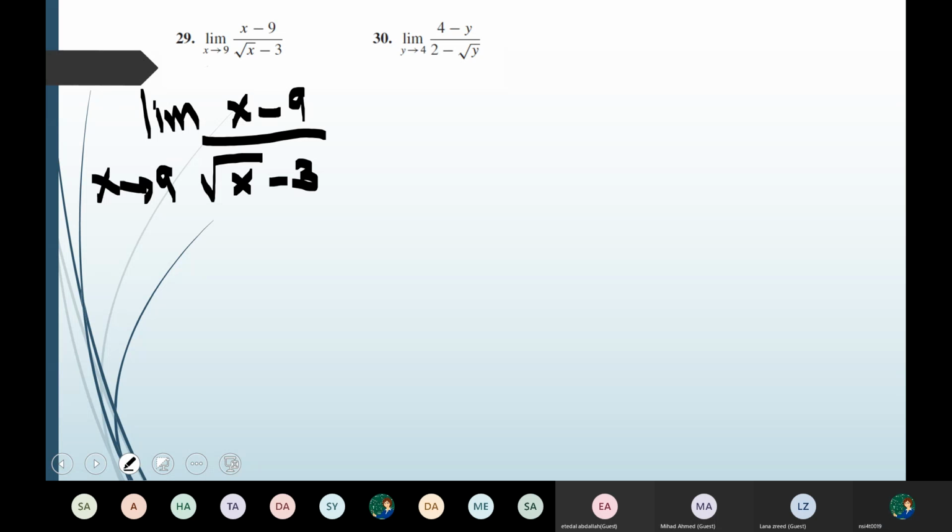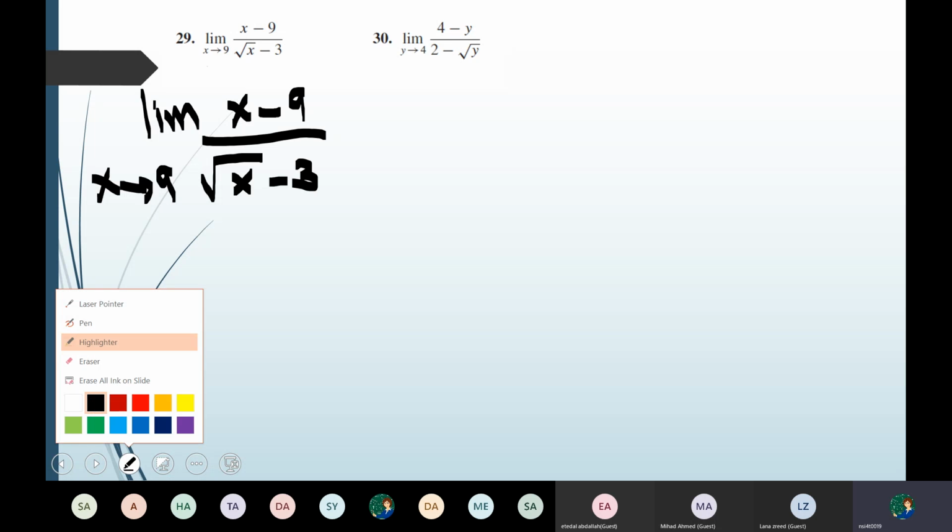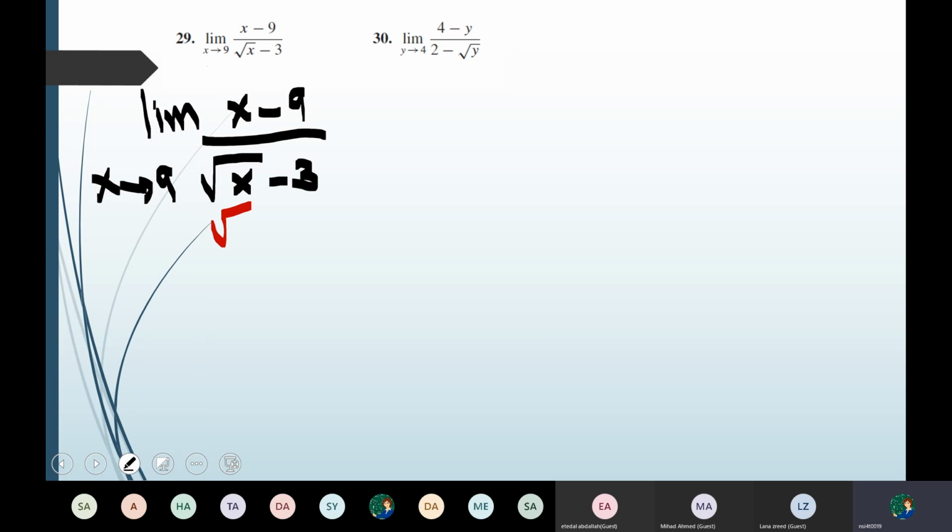Now, in this one, if you evaluate 9 in the denominator, what will you get? Square root of 9 is 3, minus 3 is 0. So it is a 0 over 0. Because it's a 0 over 0, we have to take action.